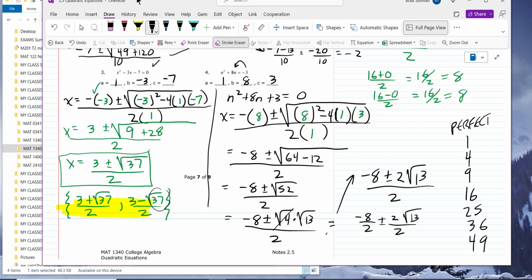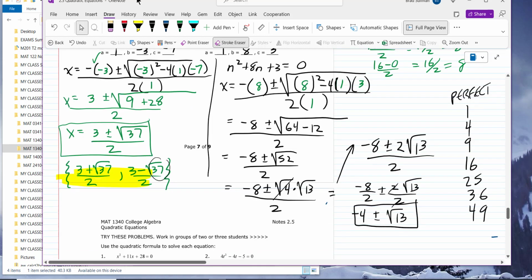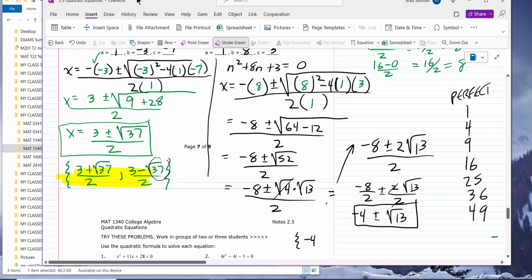Now, -8 divided by 2 is -4. And then the 2's cancel out to leave you the square root of 13. That is the answer I'd be looking for right there. If you want to write two answers, you would write -4 plus the square root of 13, comma, -4 minus the square root of 13.